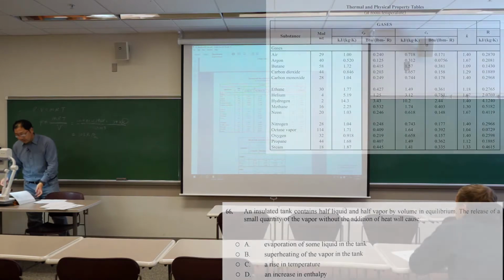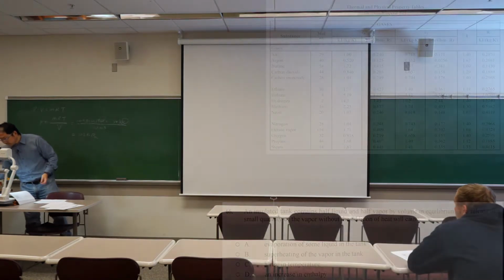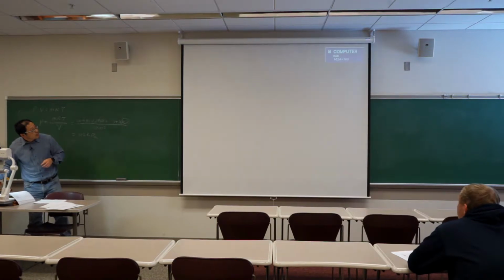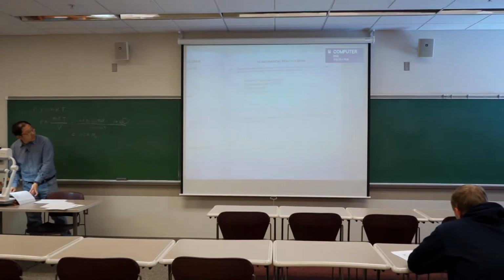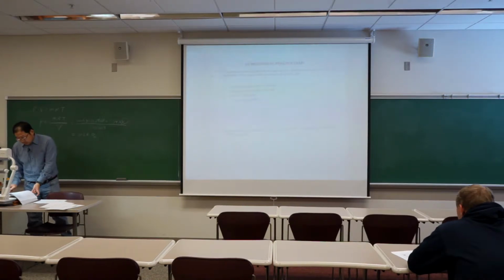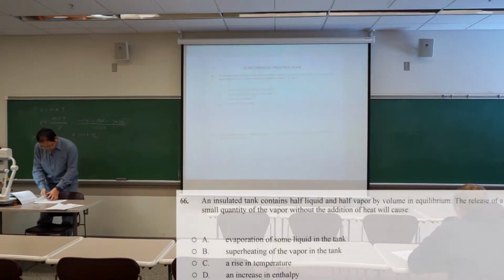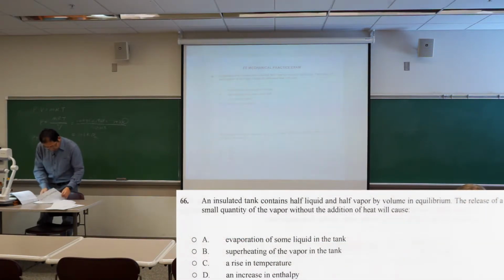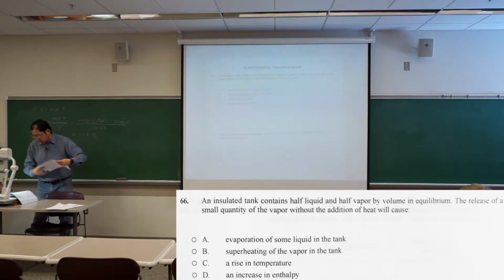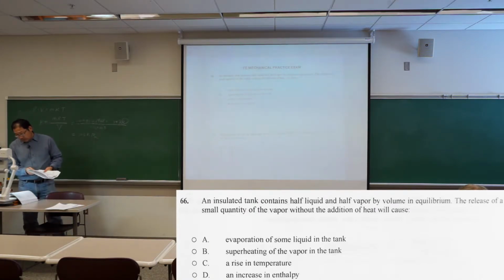And 66. This one is a little bit difficult to understand. So the problem says it is an insulated tank, and by volume, half is liquid, half is vapor. This is saturated liquid and saturated vapor. And then a small quantity of the vapor is going to be released without the addition of heat.